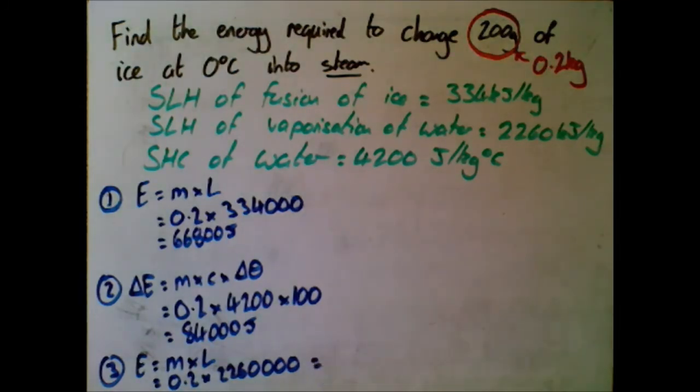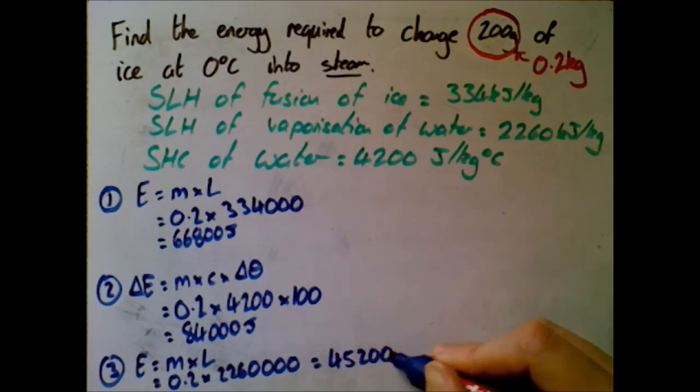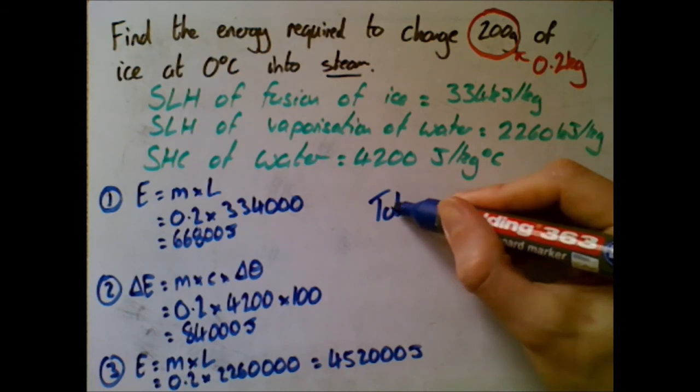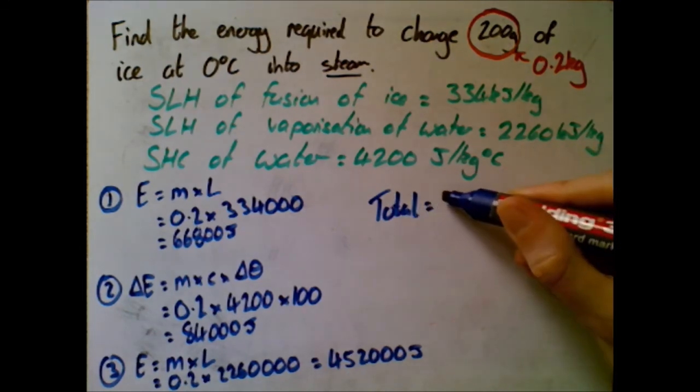And so if I work that out, I get 452,000. So it takes 452,000 joules to turn 200 grams of water into steam. And so therefore, if I want the total energy required, I'm just going to add all these up.